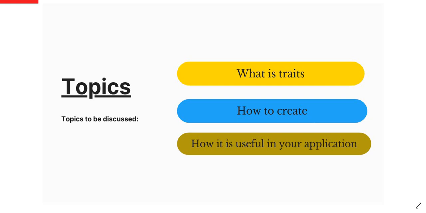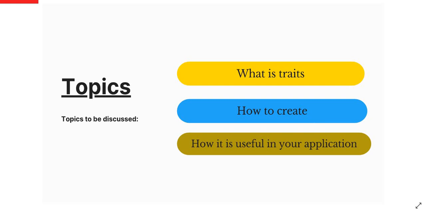In simplified words, traits are a mechanism for code reuse in a single inheritance language such as PHP. They are a handy way of reusing code in PHP, another way to keep your code DRY, which means don't repeat yourself.